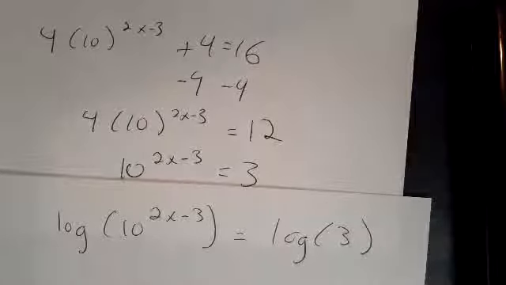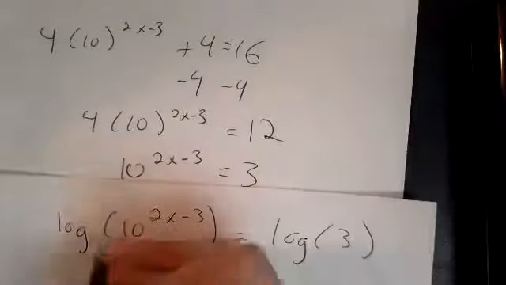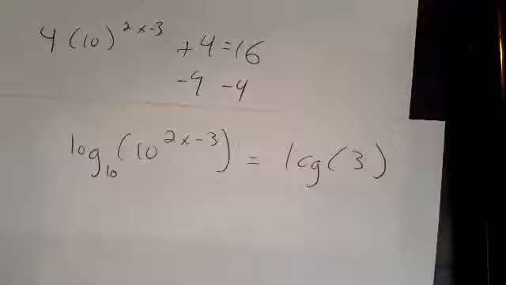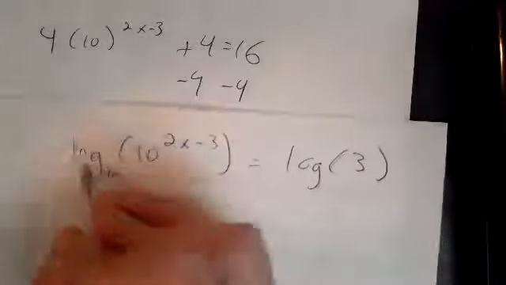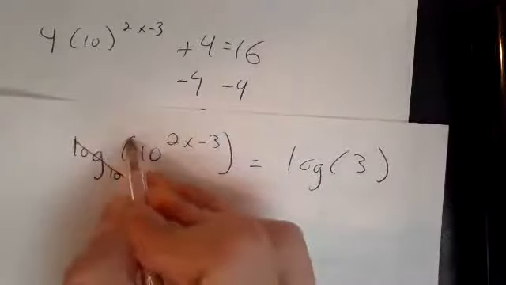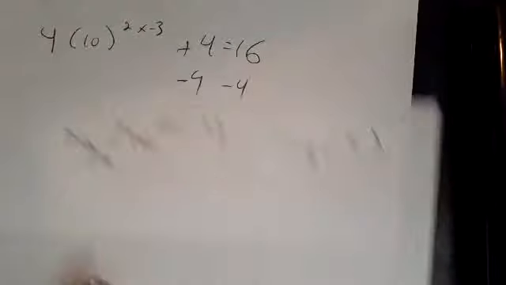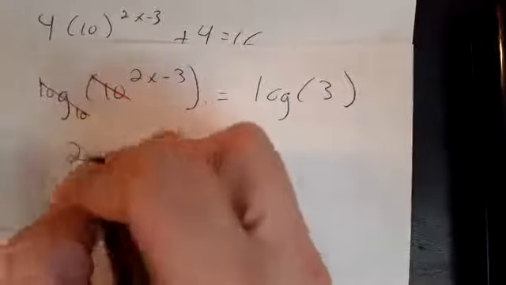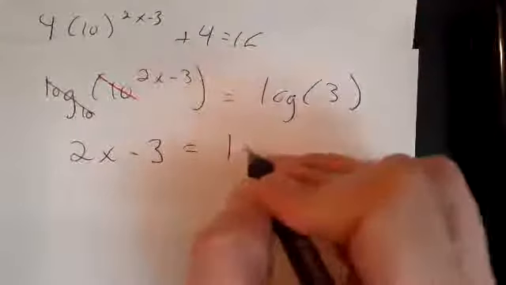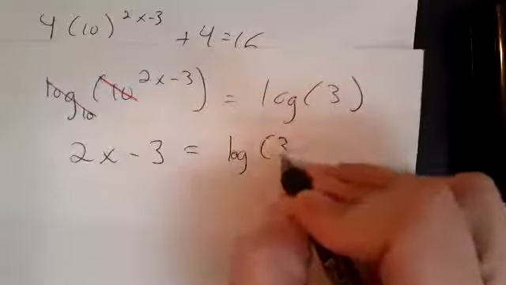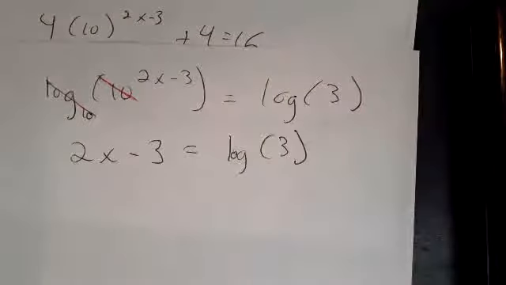If I take the log of both sides, and this is a log base 10, just to hammer that home, and this is a base of 10, those two things are working against each other. The thing I have left on this side is 2x minus 3, and this is equal to, almost messed it up, log of 3.